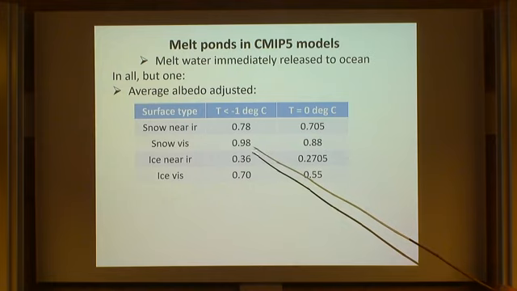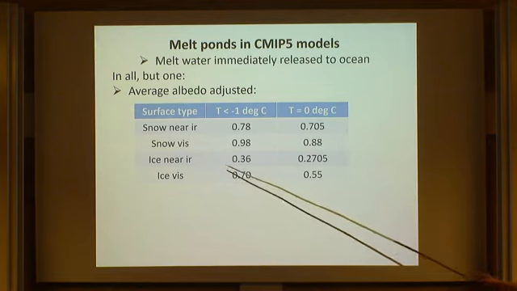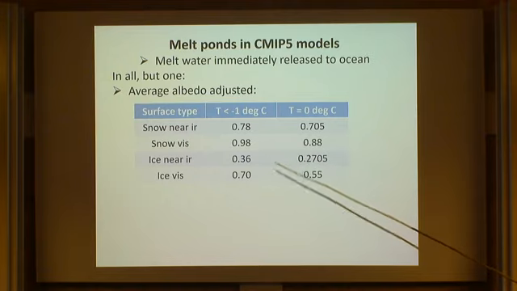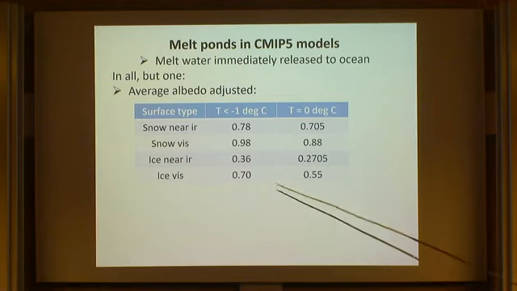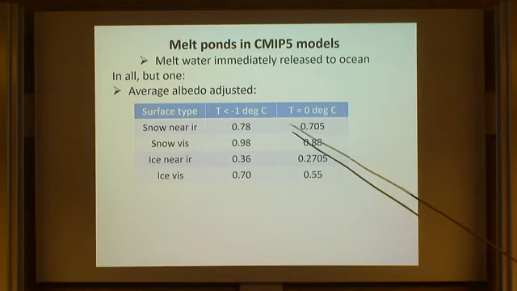So we have for the snow the near infrared range and the visible range, for temperatures below -1 degree, with values 0.78 and 0.98 for snow, and for the ice 0.36 and 0.7. When the surface temperature is above -1 and approaching 0, the albedo is changed.